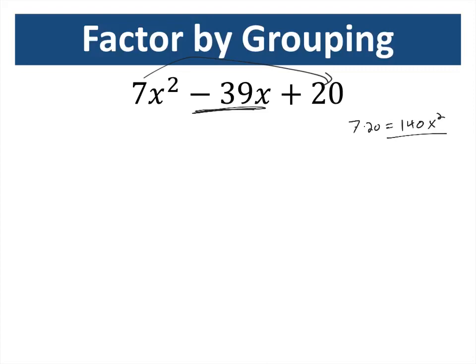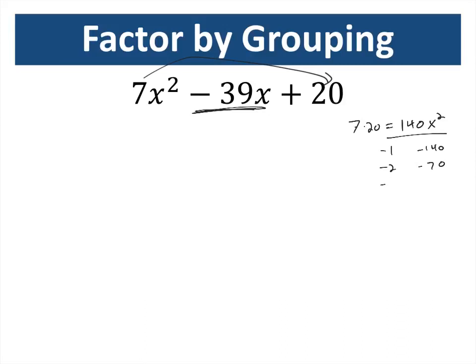I'm taking a lot of shortcuts here as well. I know that both of the numbers need to be negative, so negative 1 and negative 140, negative 2, negative 70, negative 3.